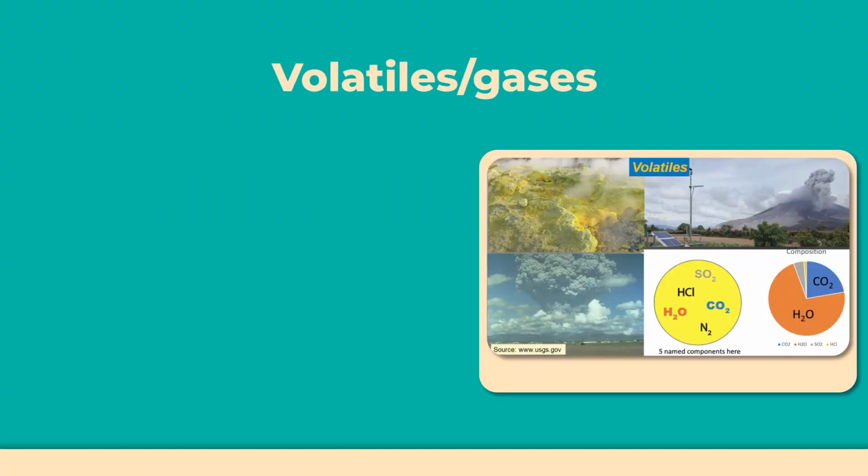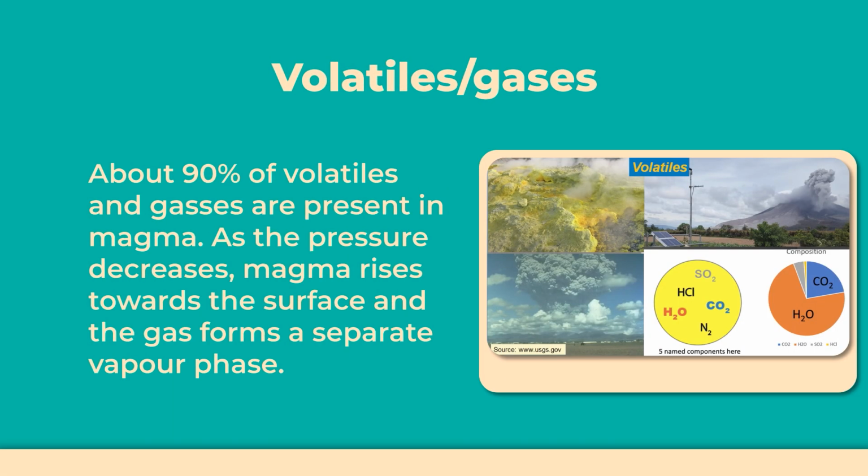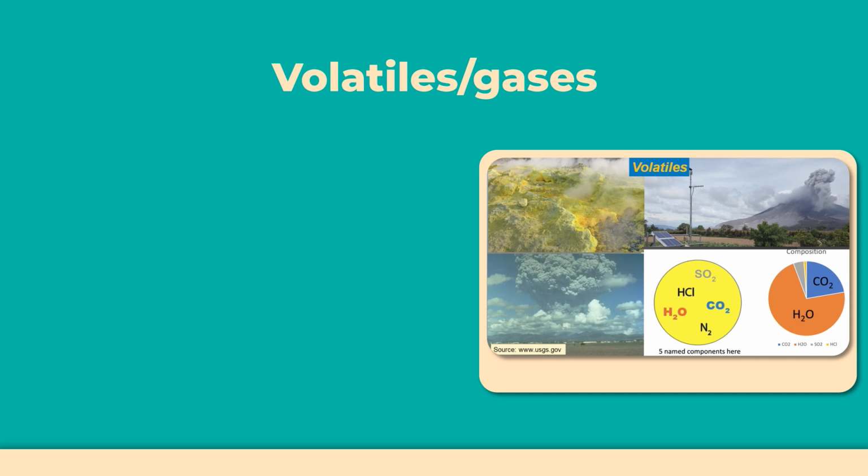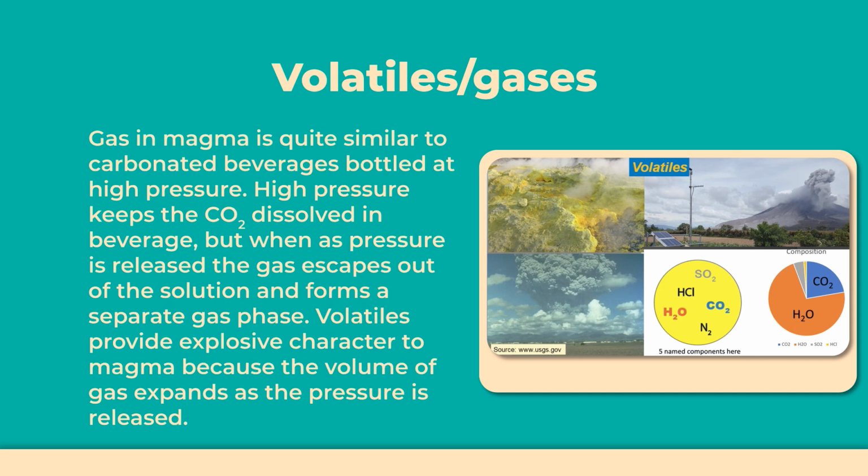Volatile gases. Around 90% of volatiles and gases are present in magma. As the pressure decreases, magma rises towards the surface and forms a separate vapor phase. Let me give you one example, like when you open a cold drink bottle.